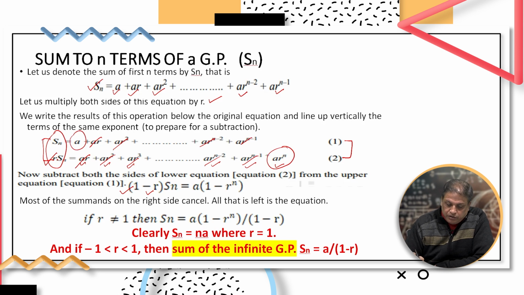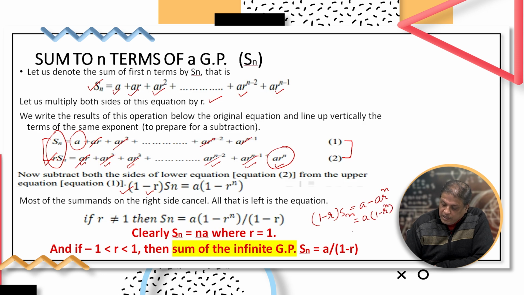So finally you are getting 1 minus r Sn is equal to a minus a r to the power n, that is equal to a into 1 minus r to the power n.